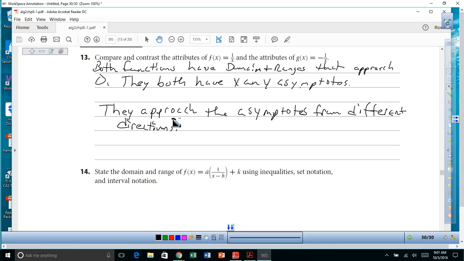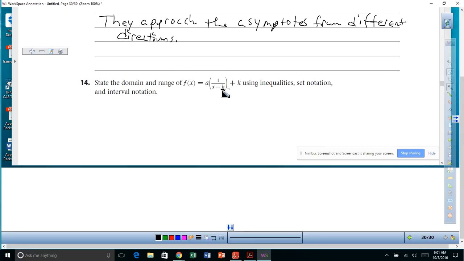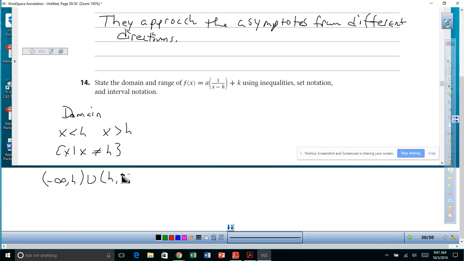State the domain and range of f of x equals a times 1 over x minus h plus k using inequalities, set notation, and interval notation. So the domain. Well, that's going to be x is less than h, x is greater than h, x such that x is not equal to h, and negative infinity to h, and h to positive infinity.